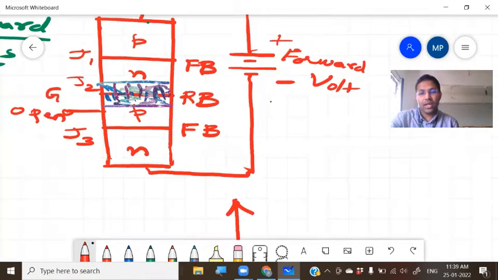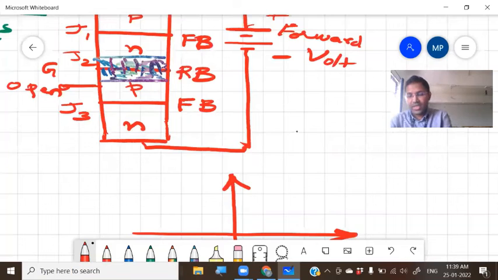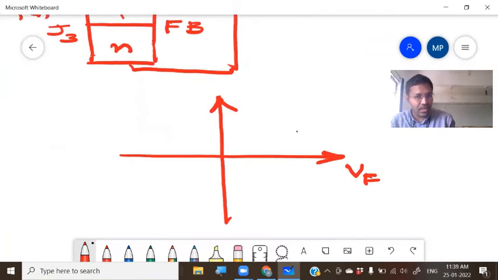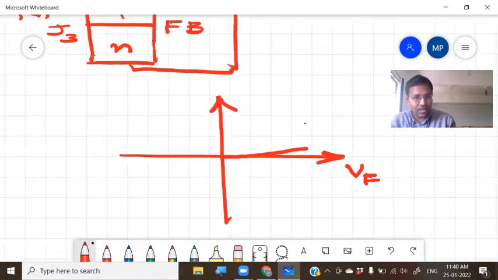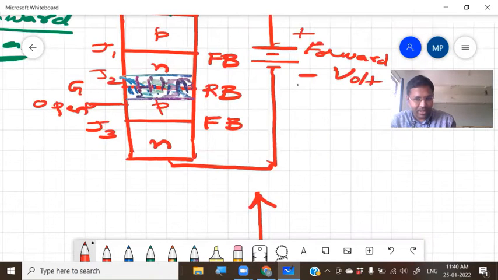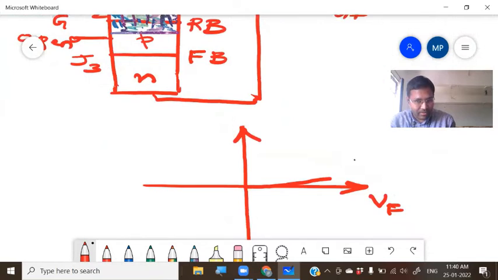So what happens when we gradually increase the forward voltage? Junction J2 is reverse biased, so the current is negligible.